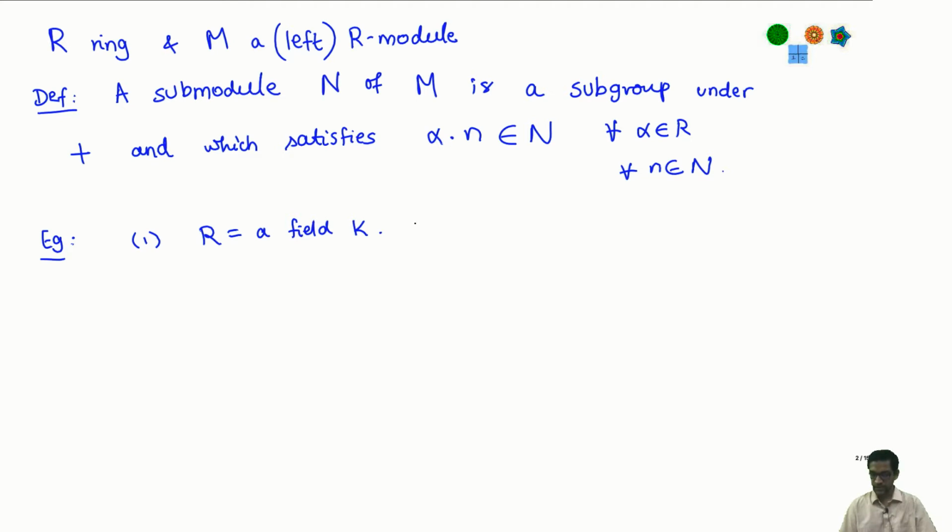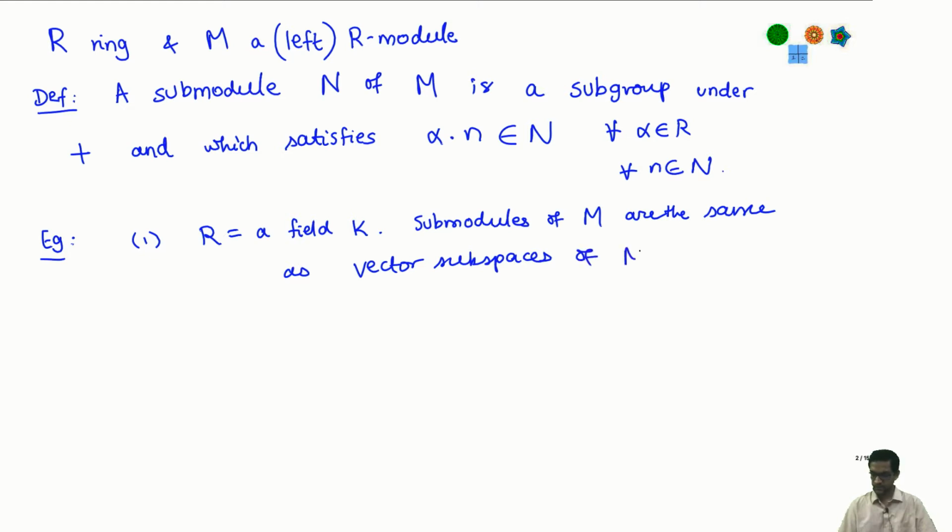So in this case, submodules of M, recalling the definition of subspaces, are the same as vector subspaces of the vector space M. Now there are some obvious submodules always.